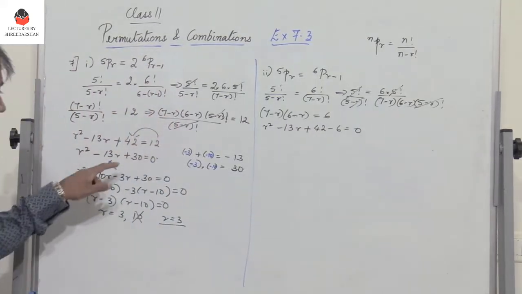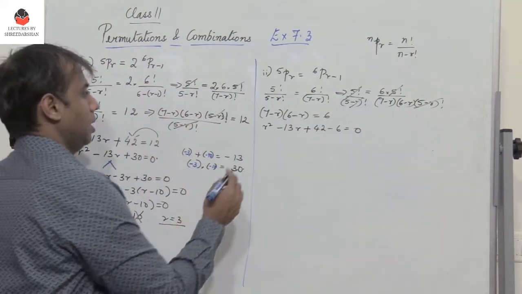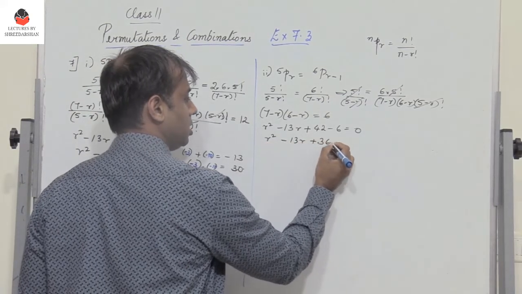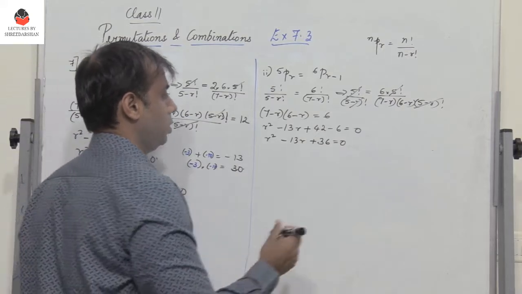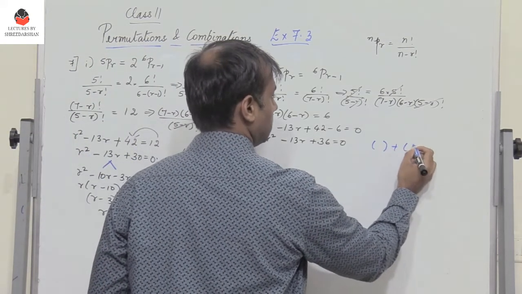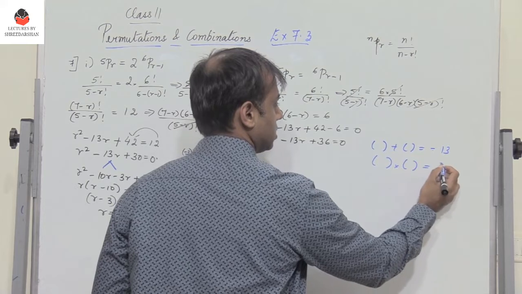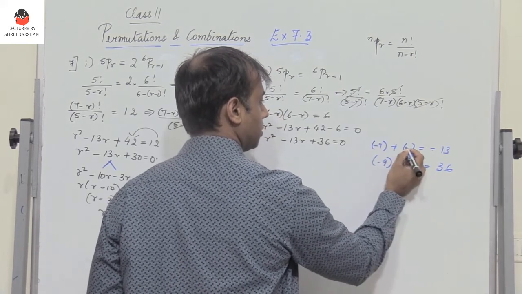The same expression except that there you had 12 and here you get 6. So r square minus 13r plus 36 equals 0. Again, find two numbers such that when you add them you get minus 13, and multiply, you get 36. Very simple, it's minus 9 and minus 4.